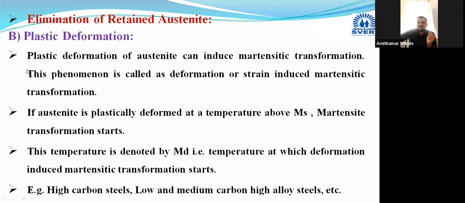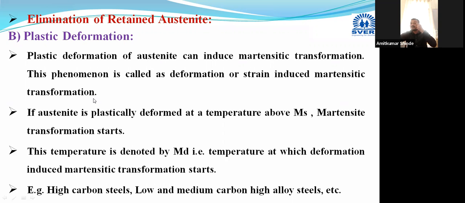This is another way to eliminate retained austenite. Whichever retained austenite is there, plastic deformation is performed, and due to this, that retained austenite is transformed to martensite.